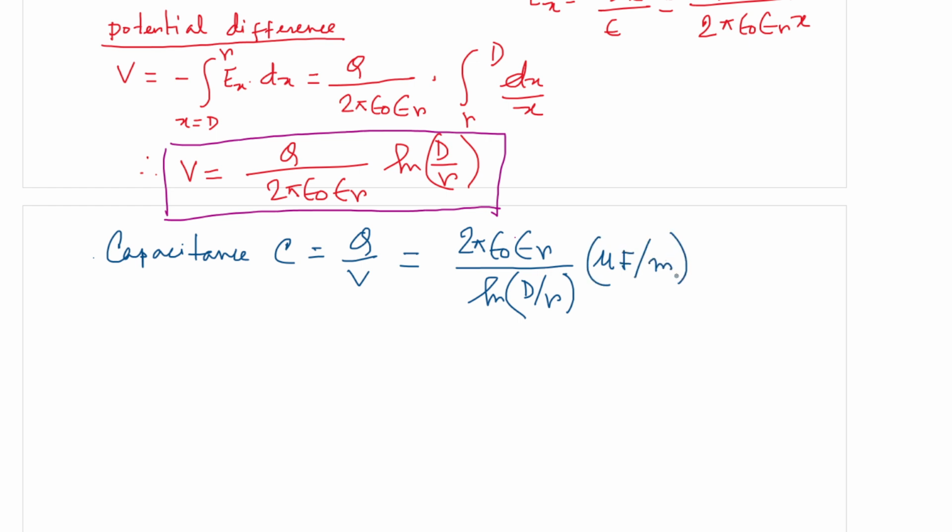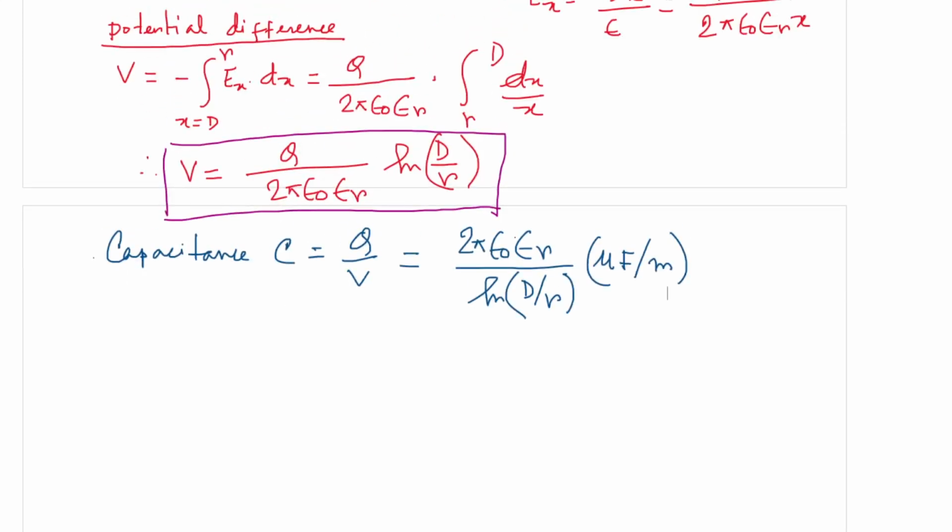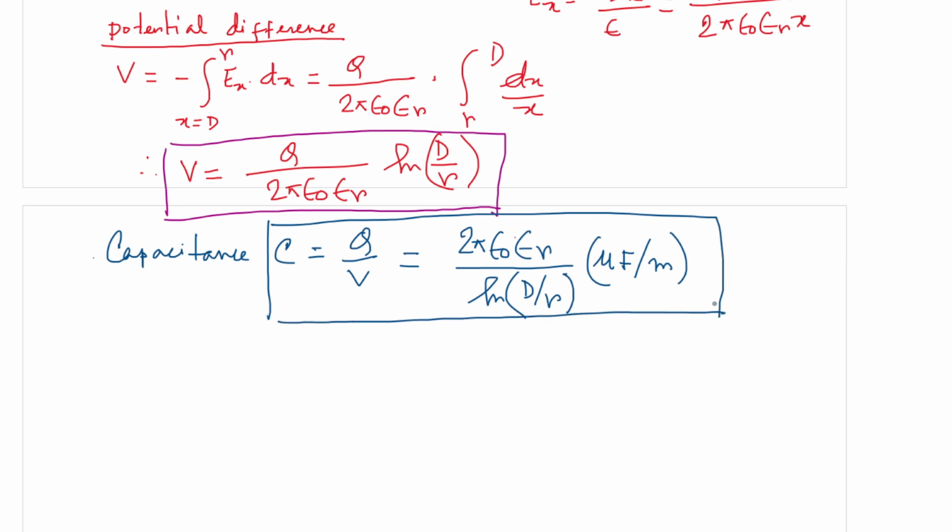Why? Because the diagram considered here is per unit length. The height becomes 1, so the unit should also be microfarad per meter. So this is the capacitance of a single core cable, 2 pi epsilon 0 epsilon r divided by ln d by r.